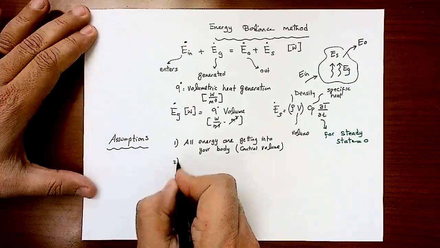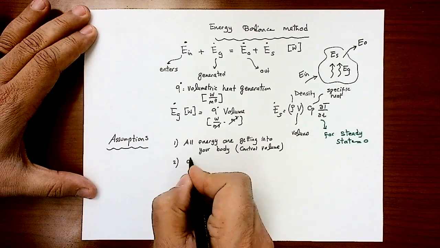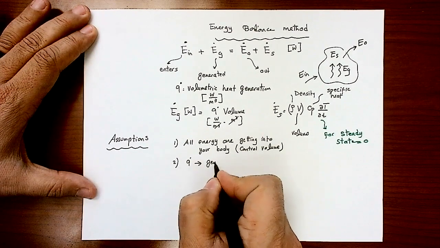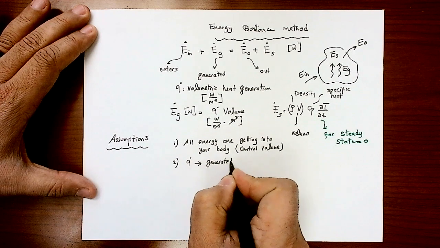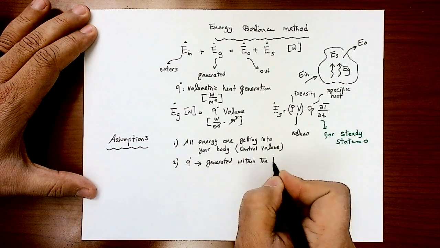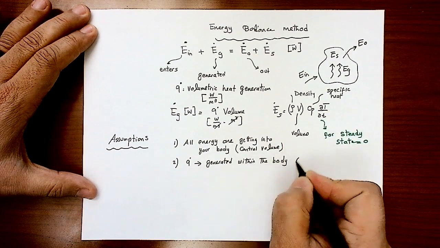Again, number two, the Q dot is only generated within the body, and instead of using the word body, I'm going to use control volume.